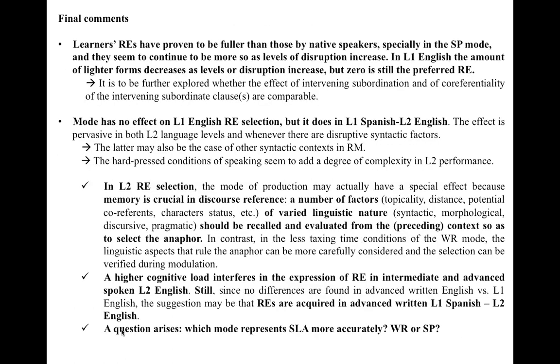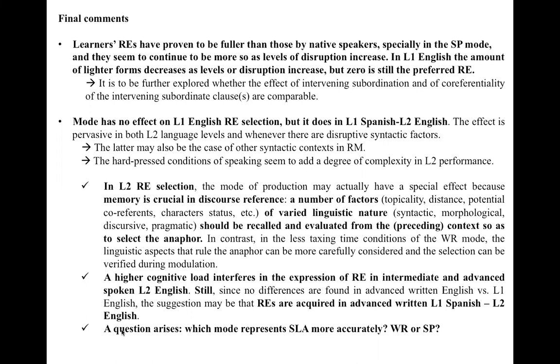So finally, what I can say is that learners' referring expressions are proven to be fuller, as expected from the literature, than those by native speakers, but this is especially the case in their spoken production. And the referring expressions continue to be more marked, more iconic, as levels of disruption increase.